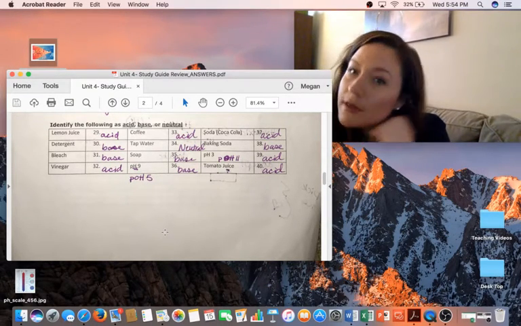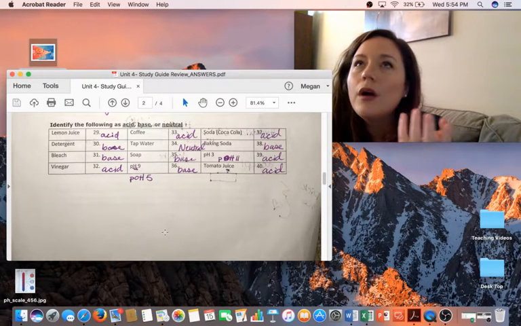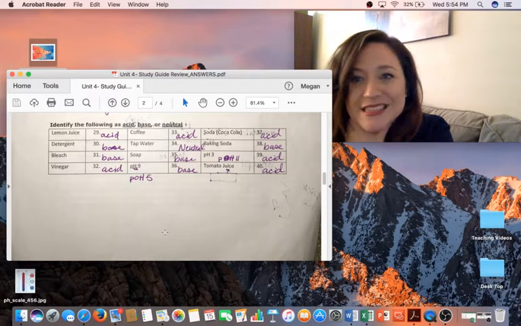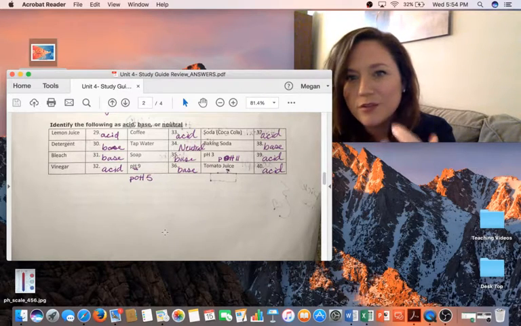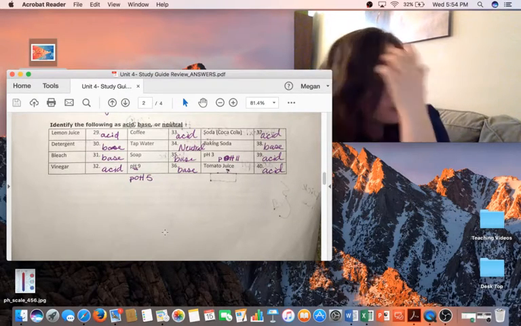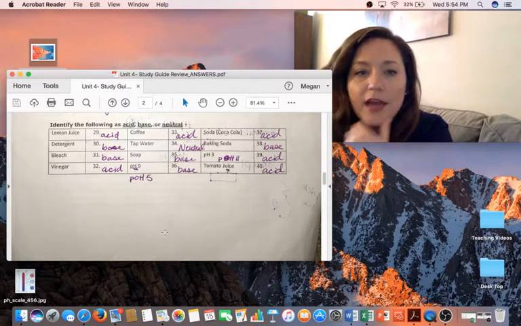Tap water. Now, I put this as neutral. Remember that pure water or bottled water, distilled water is going to be a pH of 7, which is neutral. But the tap water never really defined what was in the tap water, if it had extra calcium, if it had this, if it had that. So I just put neutral on the safe side.